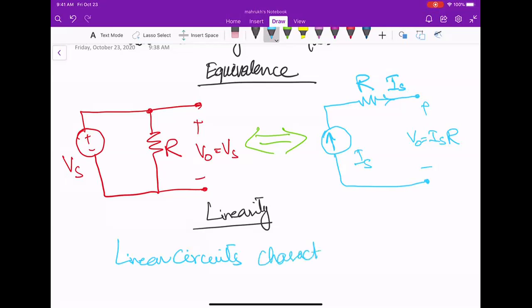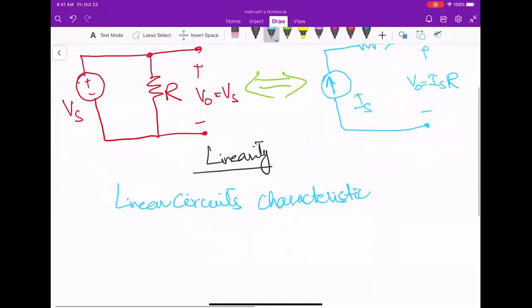There are many characteristics of linear circuits, but two characteristics we will use here. One is scaling and the other is additivity.